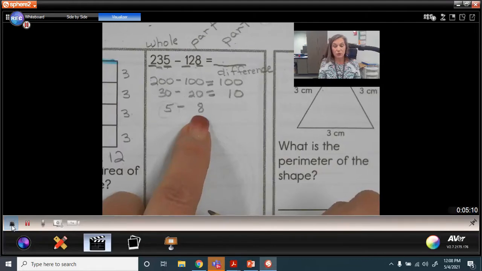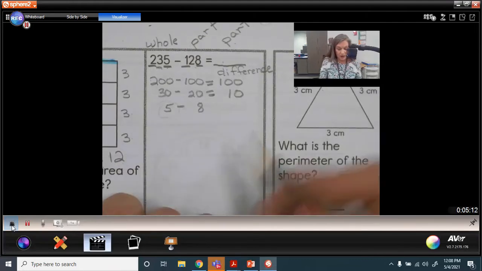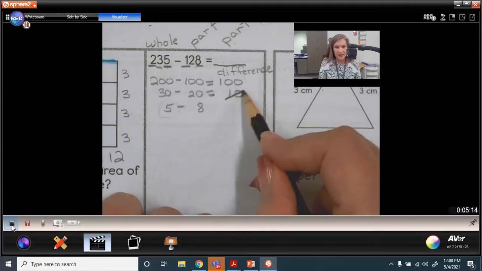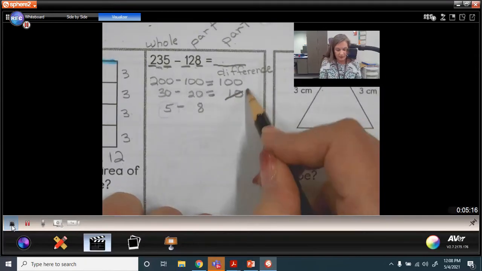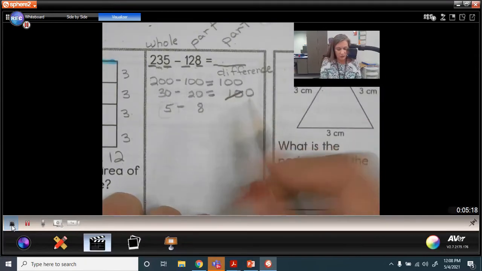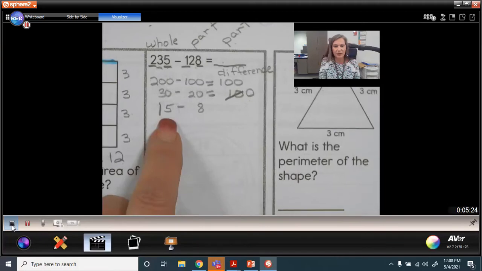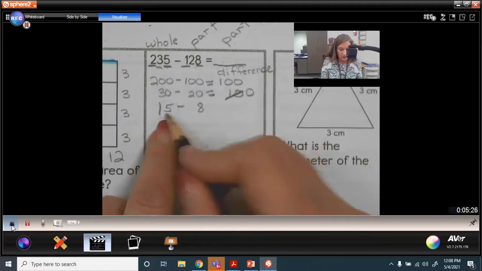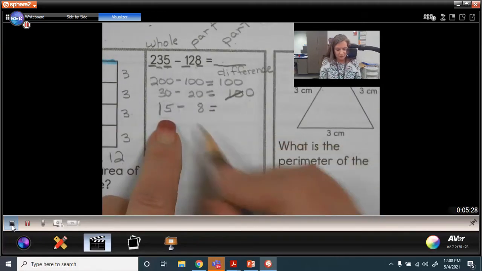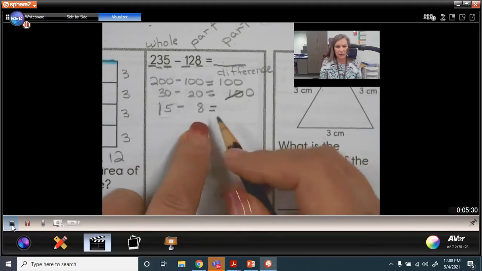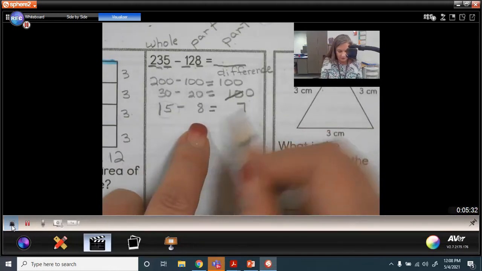No, you need to borrow. So that tells me I need to borrow a 10 from that 10, and that leaves me with no 10s, and now I can carry that to the 5 to make it 15. So now I can subtract, and 15 minus 8 is going to give me a difference of 7.